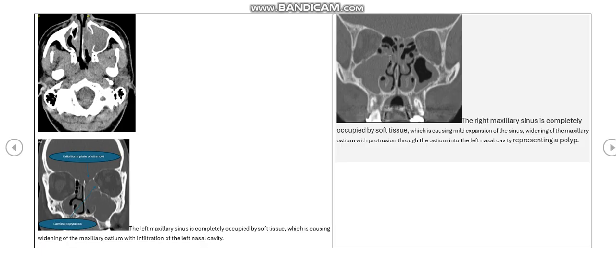However, sinonasal polyposis causes only mild expansion of the sinus, okay, with no bony thinning or erosions. Why? Because sinonasal polyposis is only mucosal polyp.